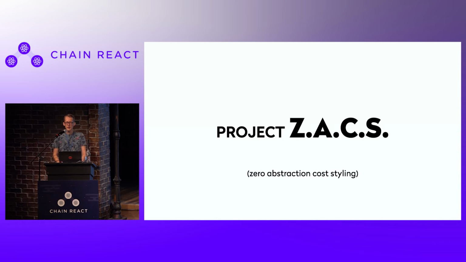So we have a project in the works, codenamed ZAX, for Zero Abstraction Cost Styling, that would still allow us to have a completely shared abstraction for building styled components, but the entire abstraction would be implemented at compile level as a Babel plugin, such that the runtime cost of this is 0. If all goes well, which we'll see, we'll open source that later this year.